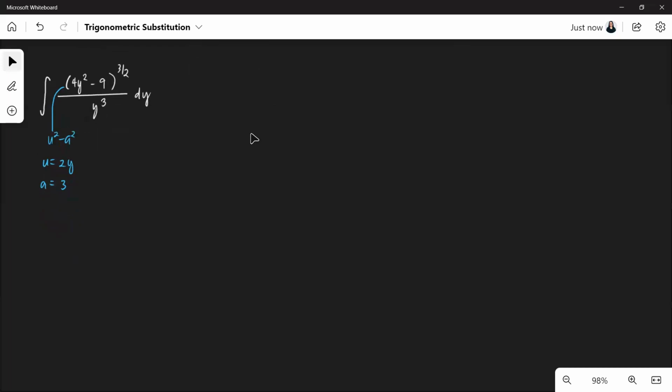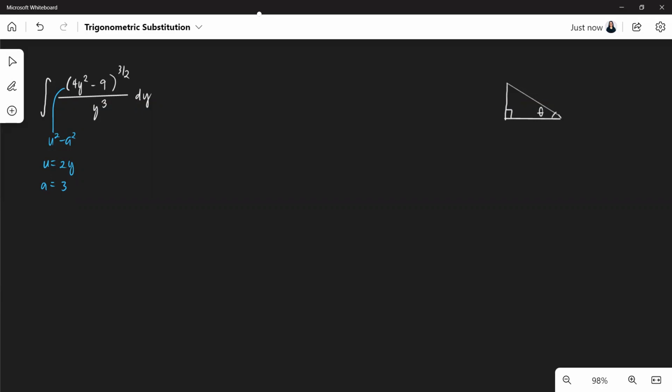Again, do not just memorize; you need to understand why it uses secant and not the other trigonometric functions. So supposing this is the angle theta, we need a ratio of u and a to form a trigonometric function.